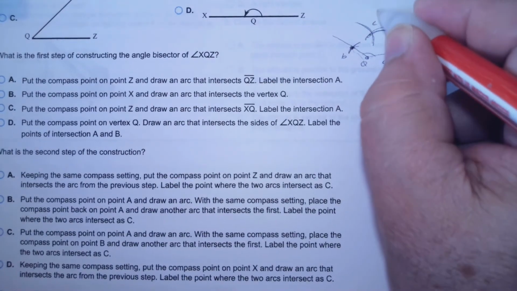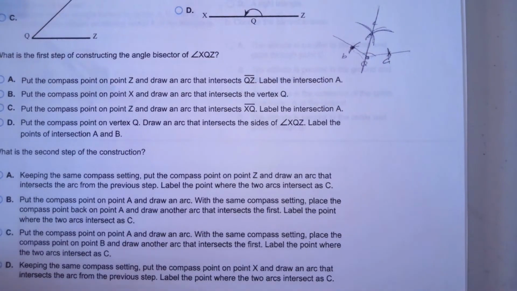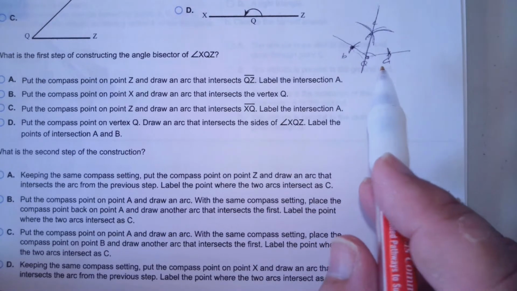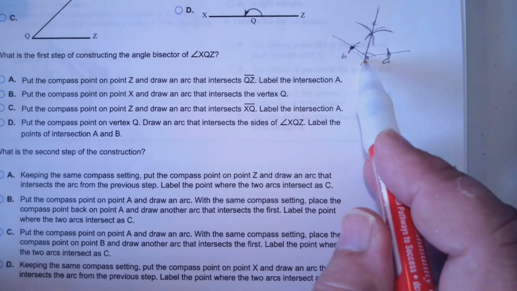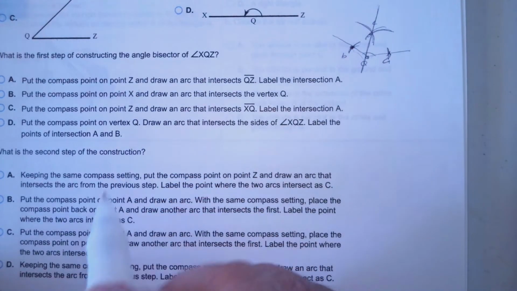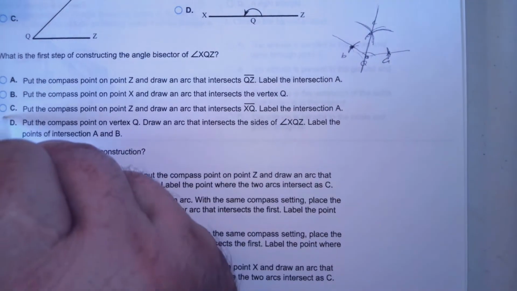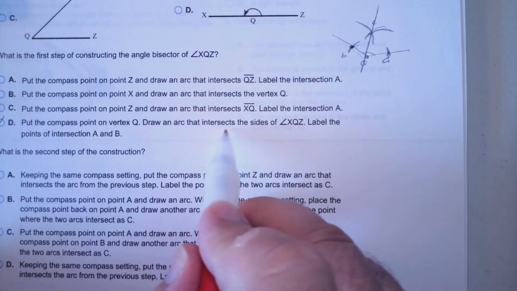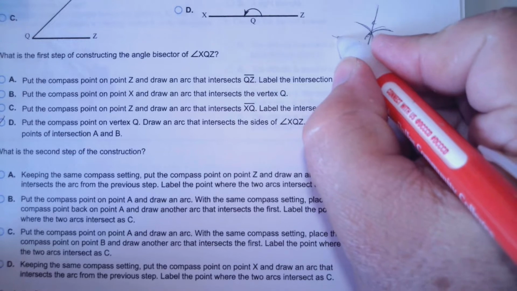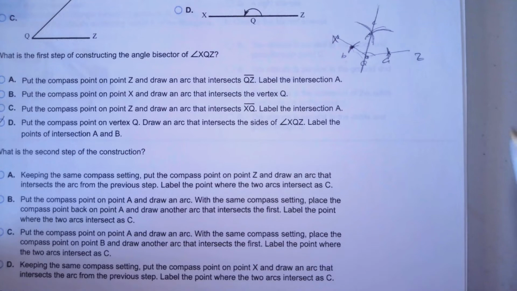We call that C, and there's your bisector. We'll start at vertex Q. Then draw an arc intersecting X, Q, Z. So here we have X and Z. Label the points A and B. Got those.